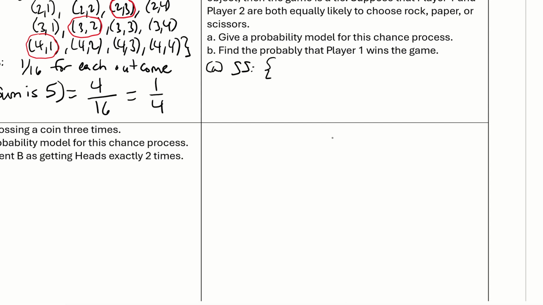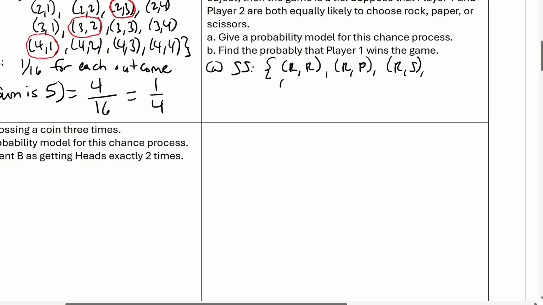So first off, we can have the first player chooses rock, the second player chooses rock. The first player chooses rock, the second player chooses paper, and then you can have rock, scissors. Then you can have the first player choosing scissors, the second one choosing rock. We got scissors, paper. We got scissors, scissors.